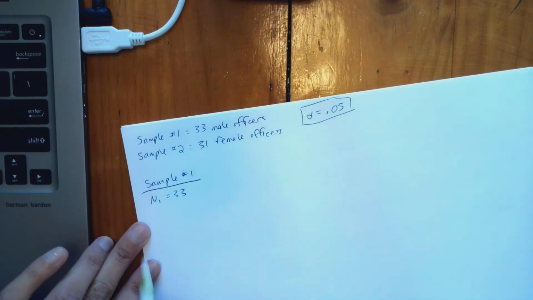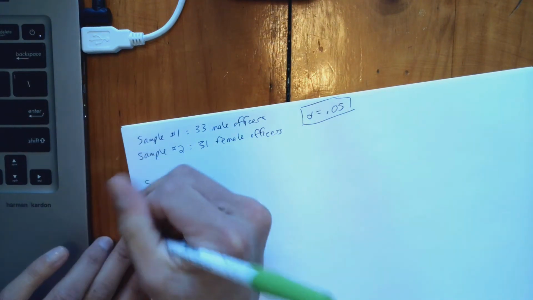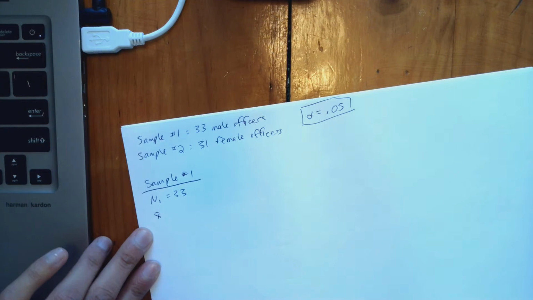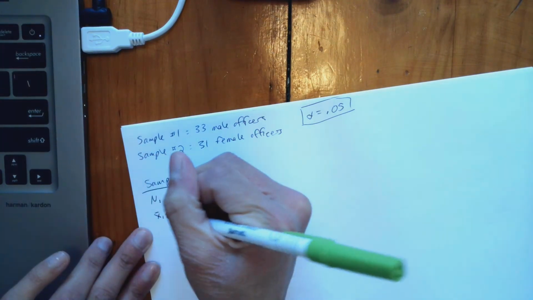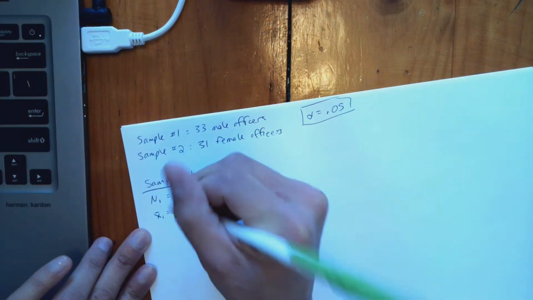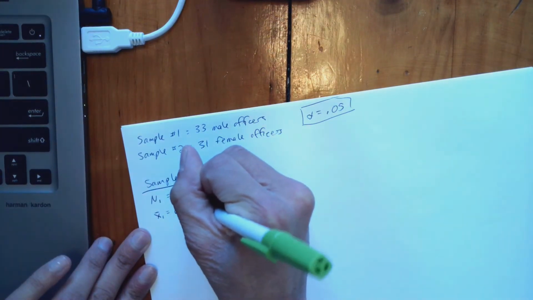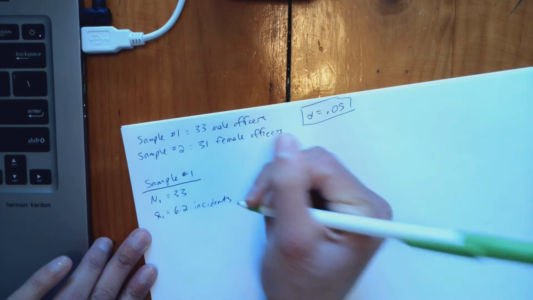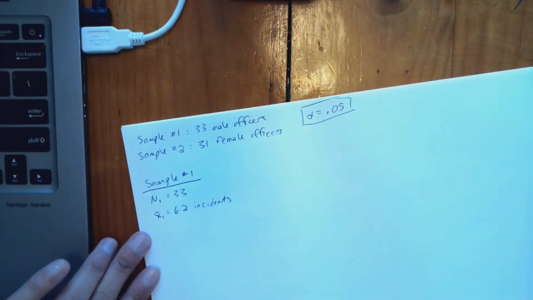I'm just rewriting all of this in one spot. In this sample, we have a sample mean of 6.2 uses of force. So I'll also call it incidents. So 6.2 incidents of force.